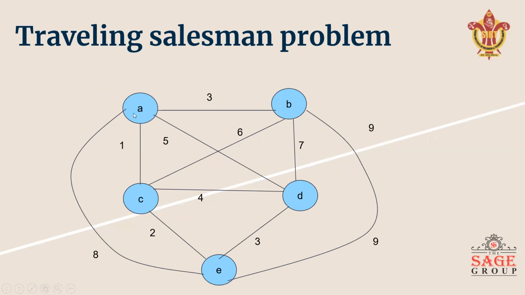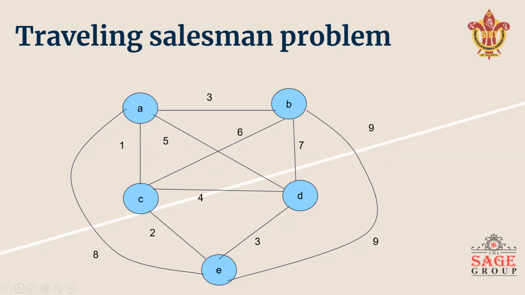For city A. We are starting from city A. So we will take the two shortest paths emerging from this city A. So all the paths emerging from A are this A to E, which is of 8 distance, A to C, which is 1, A to D, which is 5, and A to B, which is 3. So among these 4 paths, we have two shortest paths, which are 1 and 3.